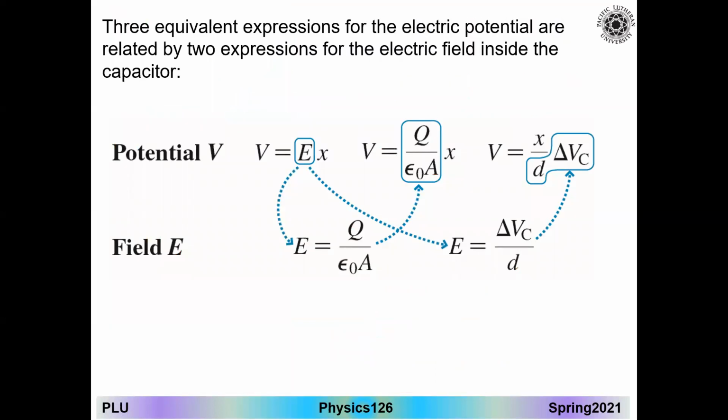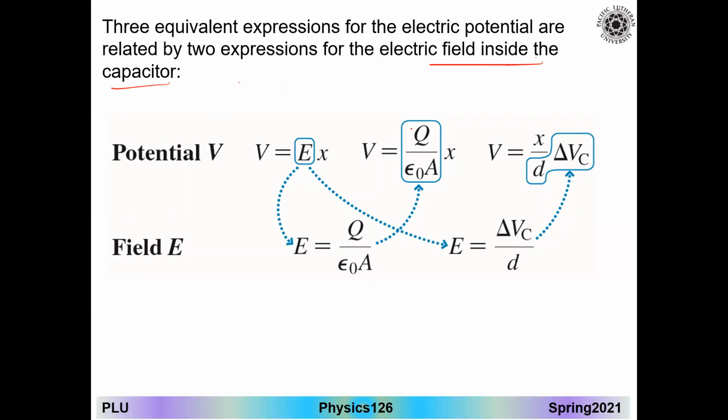Now the second concept. Here we're talking about the capacitor, specifically two-plate capacitors, and the relation between electric potential and electric field, which depends on some parameters of the capacitor.